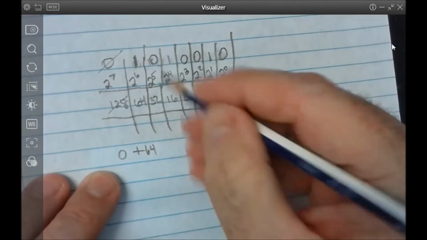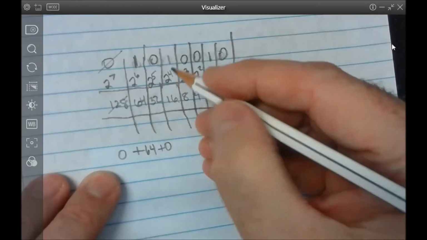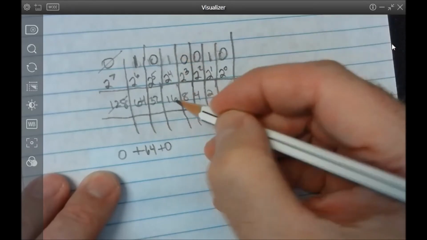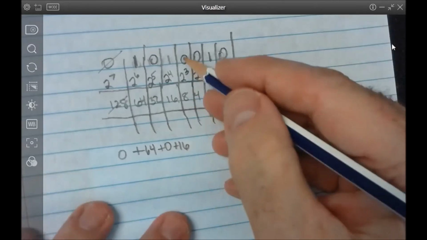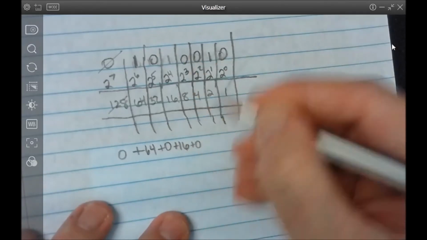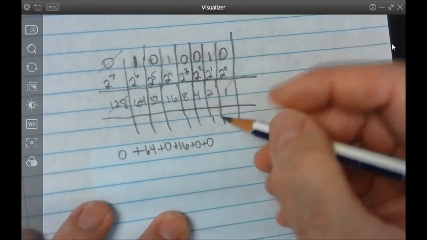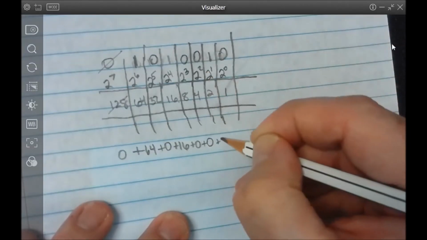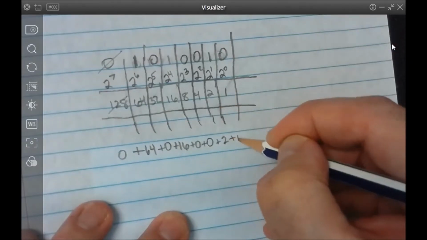This one is a 0. This would be an on position, which is a 16, so plus 16. This would be an off position, which is a 0. This would be an off position, which is a 0. This would be an on position, which is a 2. And this would be an off position.